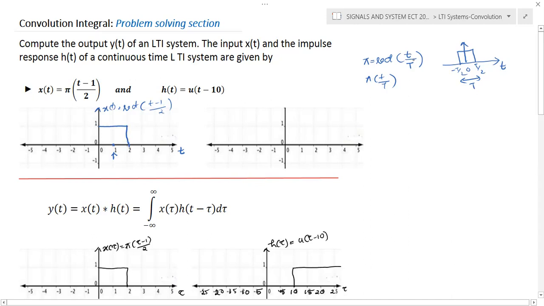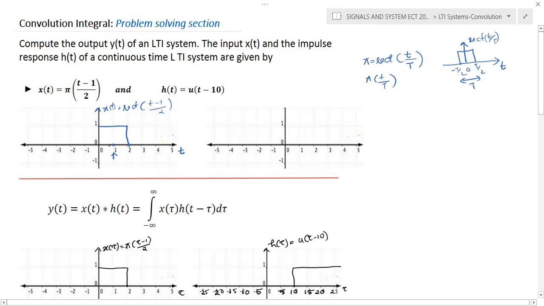If rectangle t by T, small t by capital T, is indicated as a rectangle, it is centered at 0, and the width of the pulse is T units. Now it is given that rectangle or pi of (t minus 1) by 2 means the width of the pulse is 2 units, and the center is shifted to the right side by 1 unit.